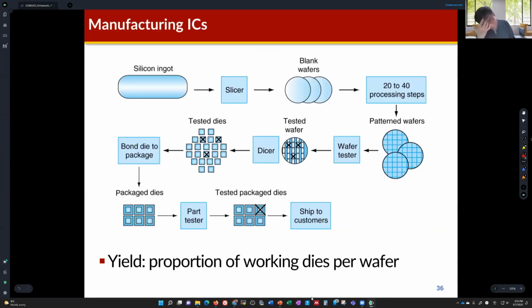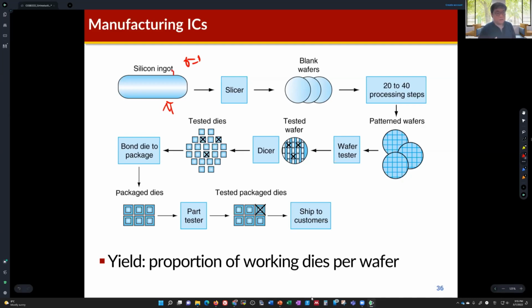Okay. This slide shows how the semiconductor chips are manufactured from silicon, but it's not important actually. The silicon is made from sand, and firstly we make the silicon ingot.